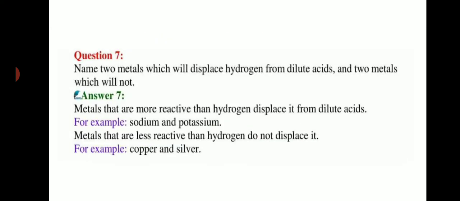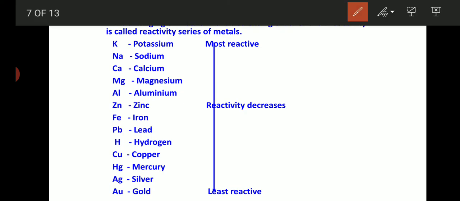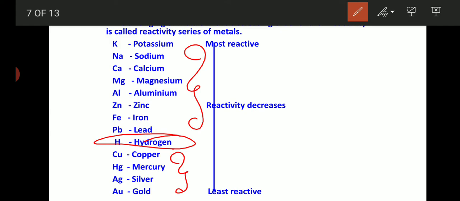The next one, that is question number 7. Name two metals which will displace hydrogen from dilute acids and two metals which will not. So again you have to refer to the reactivity series. Okay, hydrogen, where is hydrogen? Hydrogen is here. Okay, so the metals above hydrogen displace hydrogen and these metals do not displace hydrogen.